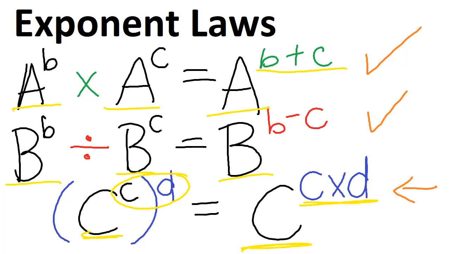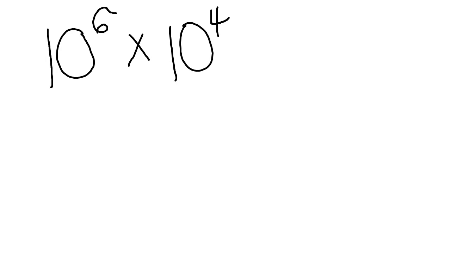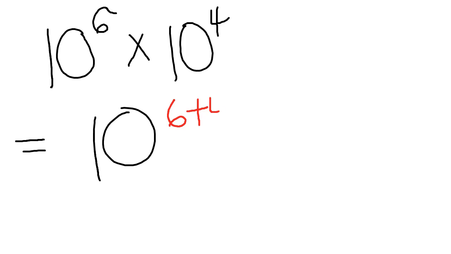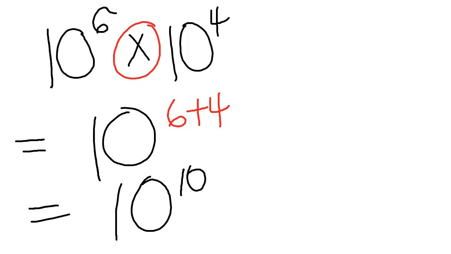So let's look at our first exponent law. Because we have the same base, our final answer will be 10 and our exponents will be added because of the multiplication sign in the middle. So our final answer will be 10 exponent 10.